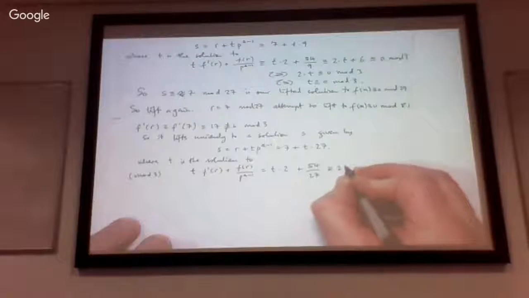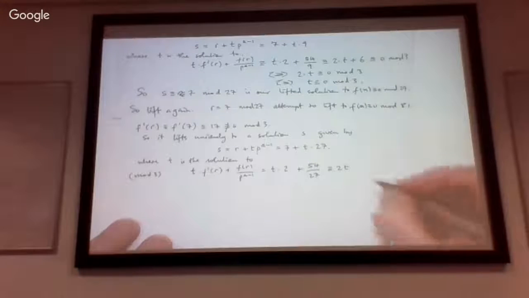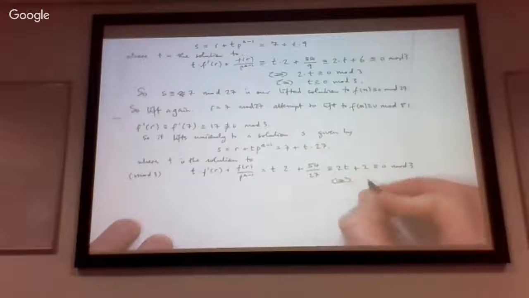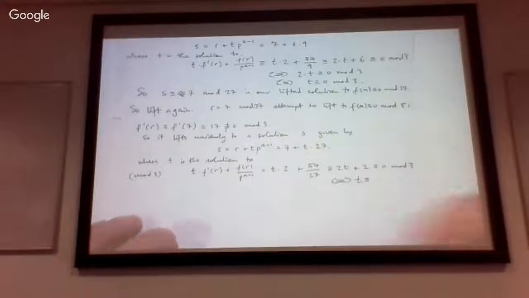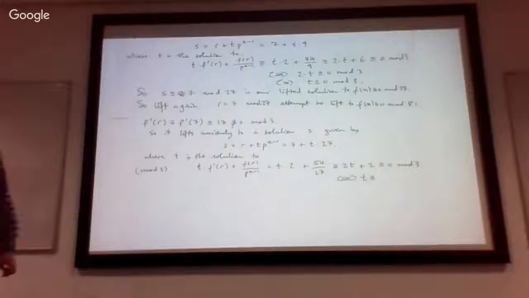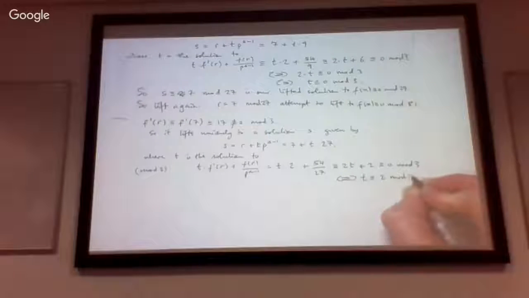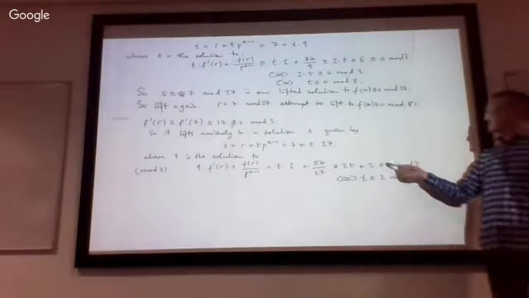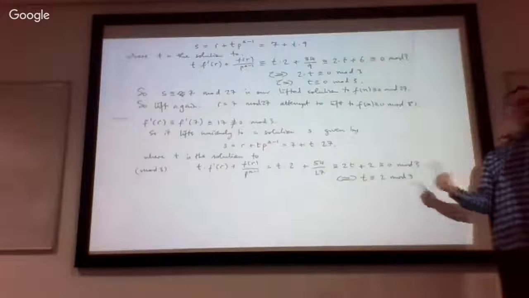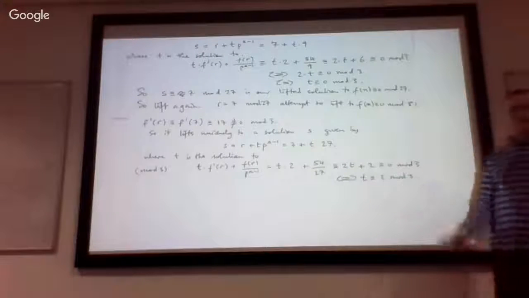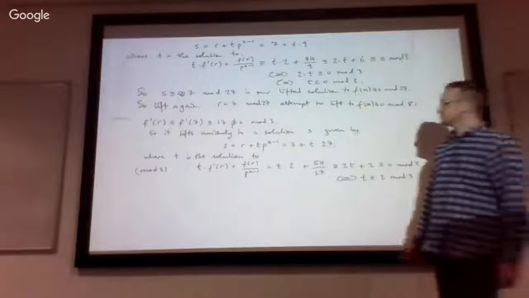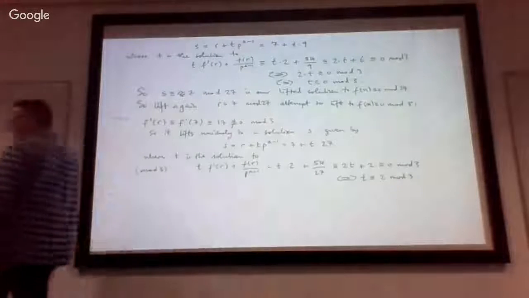So that's congruent to 2t plus 2, congruent to 0 mod 3. And that has solution t congruent to minus 1, or otherwise known as 2. You can take the plus 2 to the other side, it gets minus 2. So 2t is congruent to minus 2, so t is congruent to minus 1. But the standard representative we choose for it is 2 modulo 3. So that's our value of t, which feeds back in there.